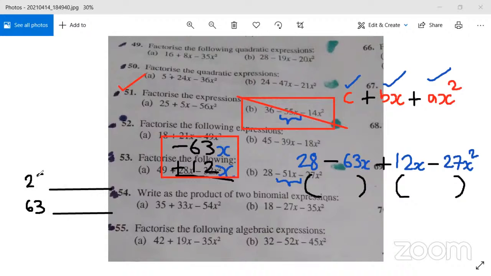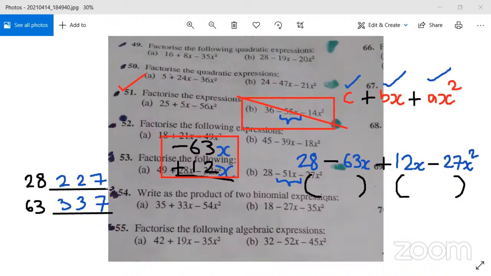And what do we have here? Prime numbers again. 2 by 2 by 7, and then we have 3 by 3 by 7. Well, it's safe to say what this is. This is why I love prime numbers.